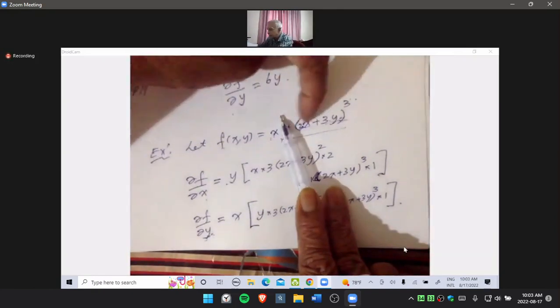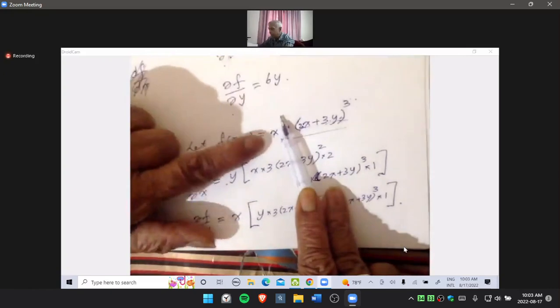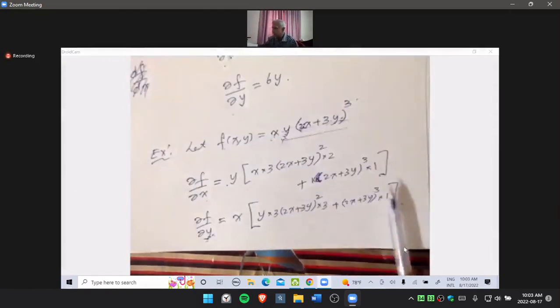What is the derivative of the function inside with respect to x? 2x gives 2. Derivative of y is 0 because y is treated as a constant. Plus that times derivative of x, which is 1.